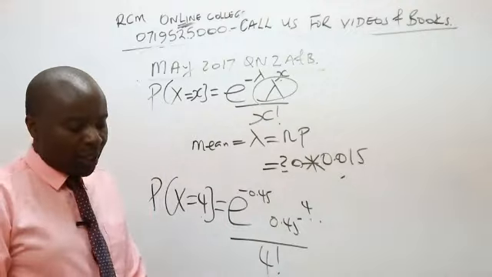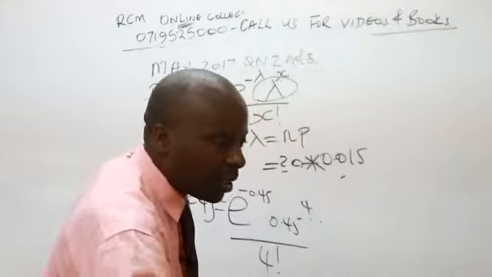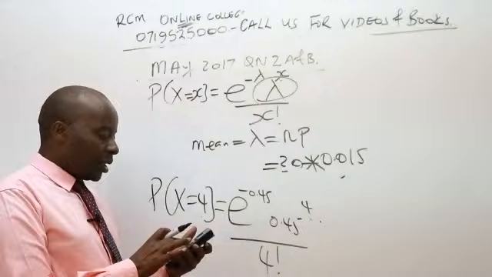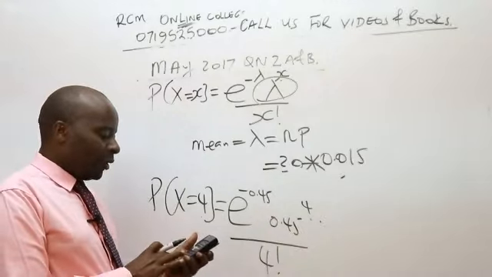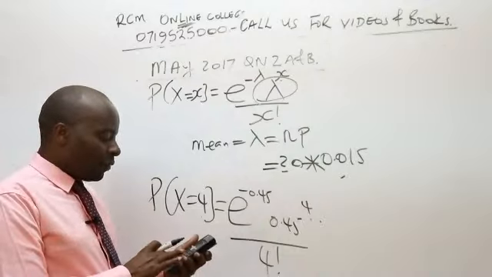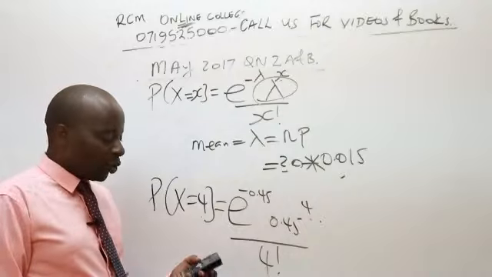So what you will need right away here is your calculator. E raised to minus 0.45 times 0.45 raised to power 4, divided by 4 factorial. I hope you are able to remember where the factorial is.